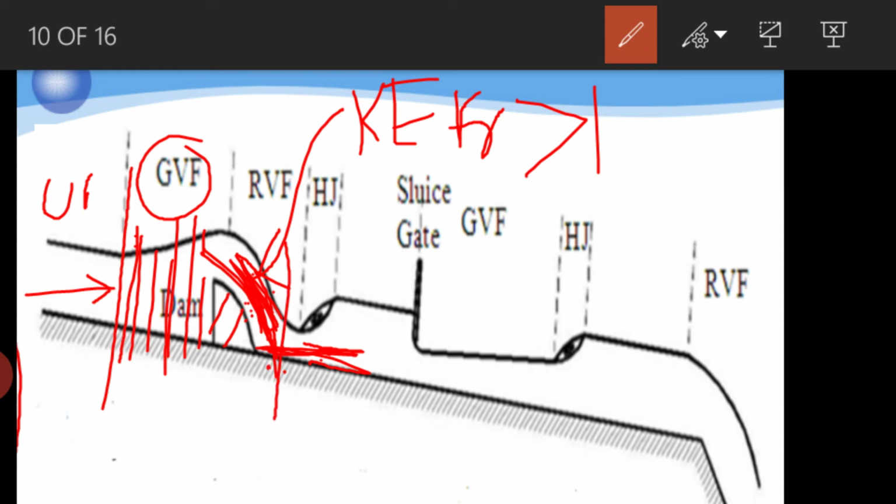When the energy is reduced from kinetic to potential, the depth of flow increases here. That condition is what you call a hydraulic jump, where the flow changes from supercritical flow to subcritical flow, from the lower depth of flow to higher depth of flow.